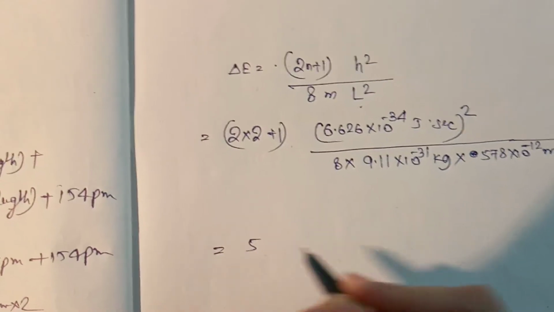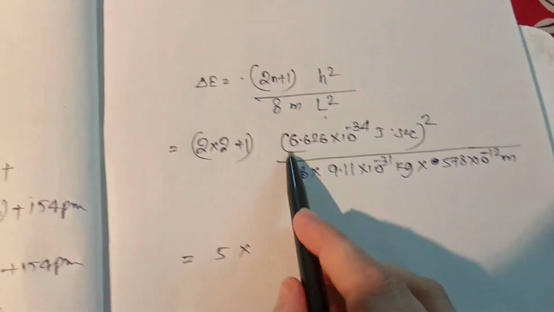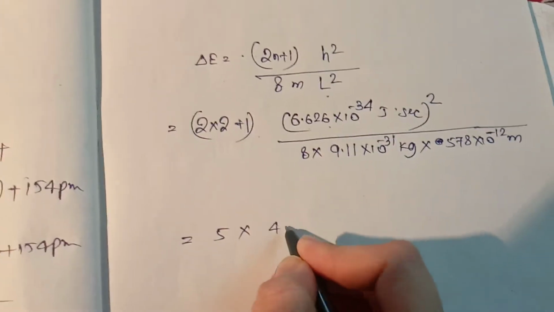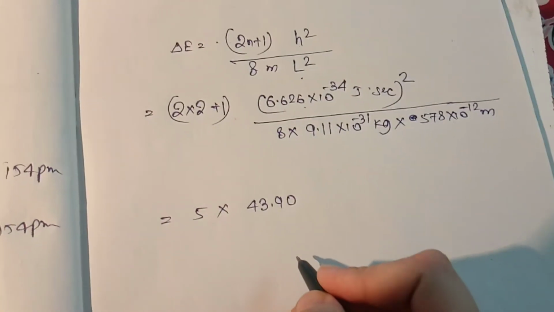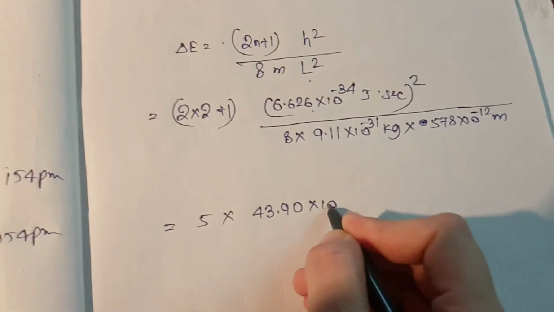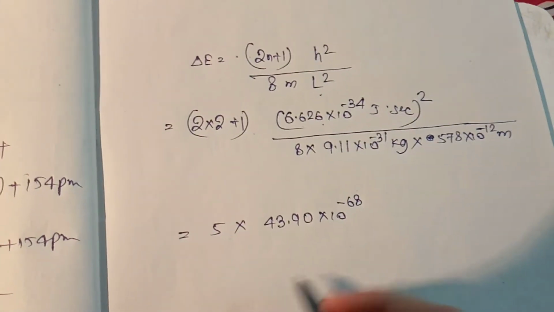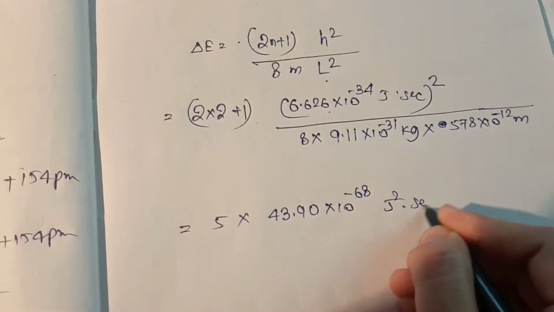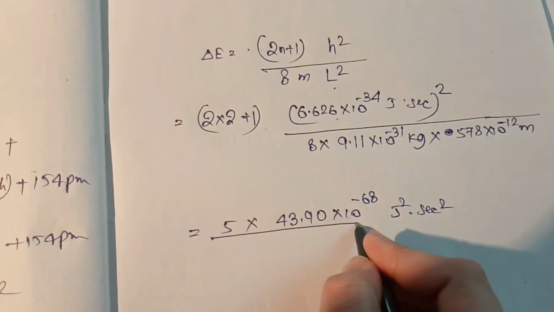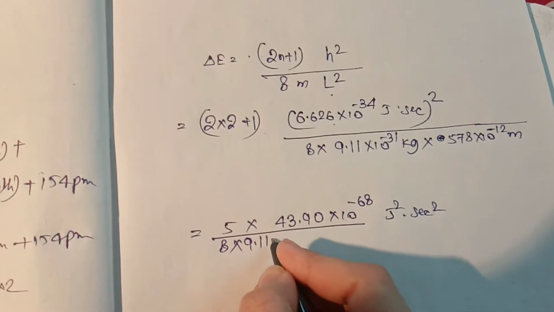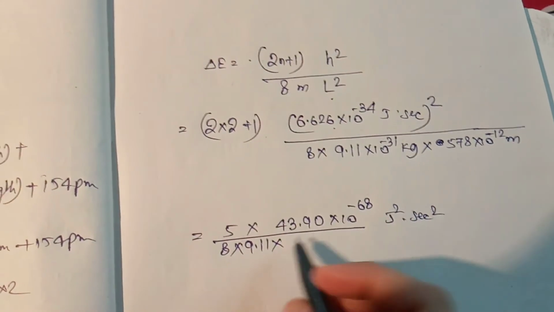So we will calculate the value: 5 into 6.626 into 6.626 will give you 43.90 into 10 to the power minus 68, because there is a square, joule square into second square, divided by 8 into 9.11 into 578.